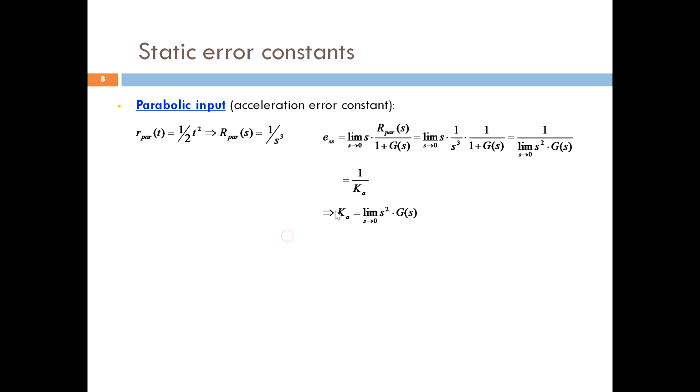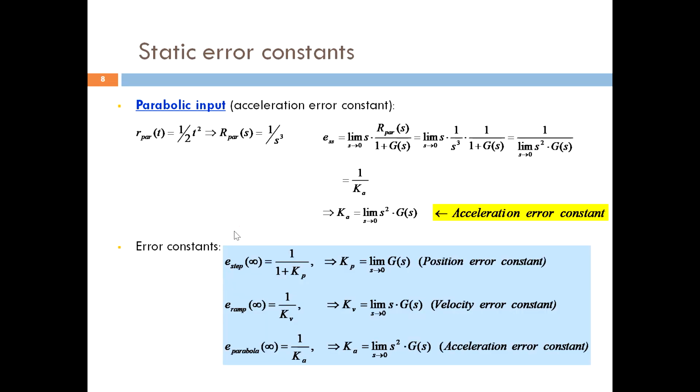Again, we substitute that into the expression for the steady state error in the Laplace domain, and we end up with that expression, which can be expressed as 1 over Ka, where Ka is the limit as s approaches 0 of s squared times g of s, and that is what we refer to as the acceleration error constant. Okay, so that is when we just focus on deriving the expression for the steady state error for the various types of inputs that we focus on.